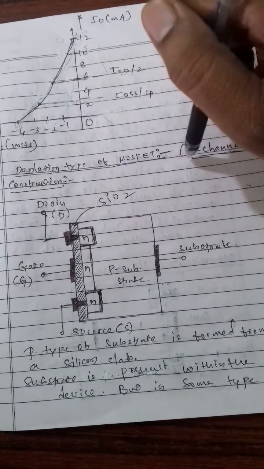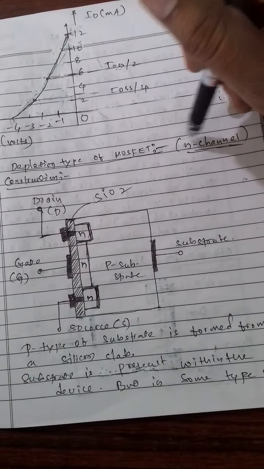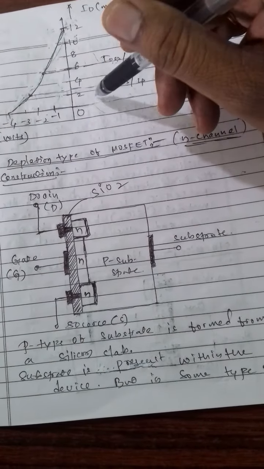Now, depletion type of MOSFET. That is the depletion type of n-channel MOSFET construction.